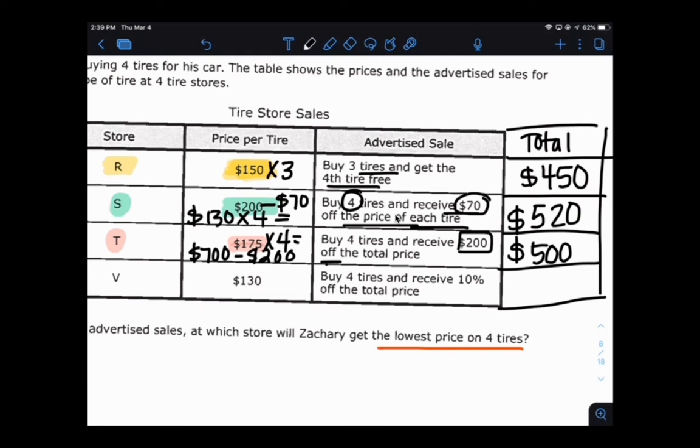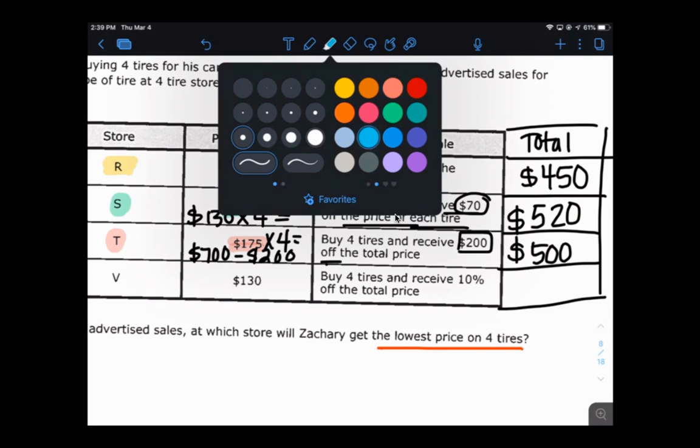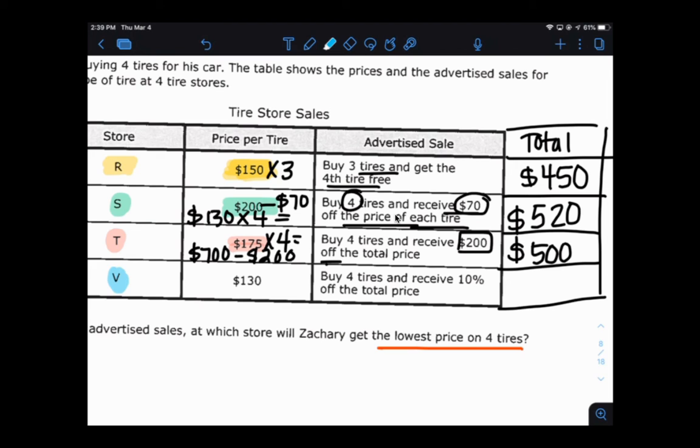It says on store V. This one, each tire is $130, and it says buy 4 tires and receive 10% off the total price. So let's see, 130 times 4 tires. We already performed that one here on top, is $520, minus 10% of the total price.